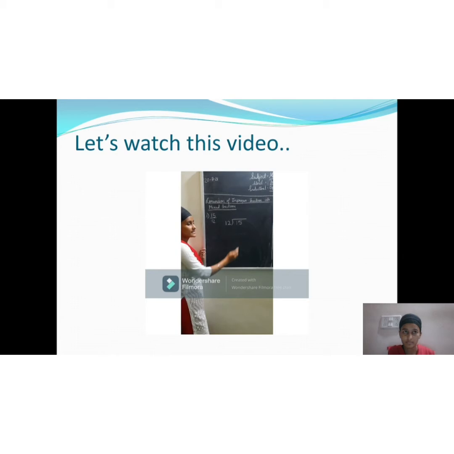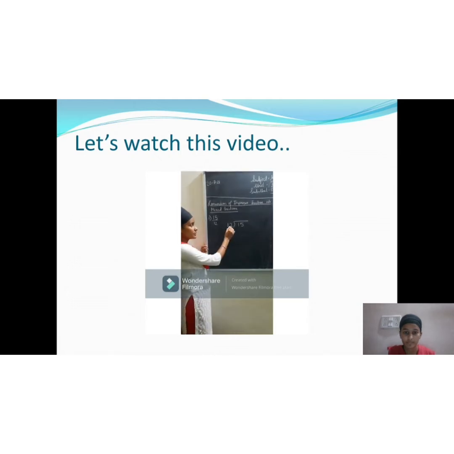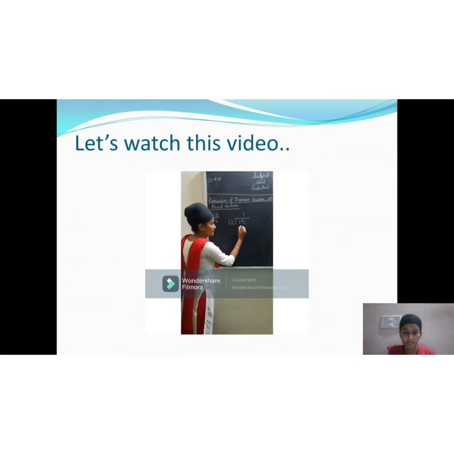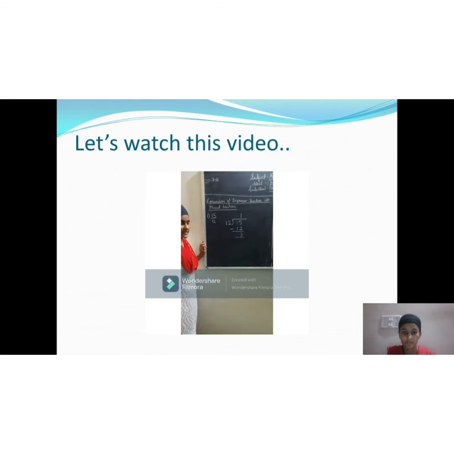12 ones are 12, right? You cannot take 12 twos, because 12 twos will become 24, which is greater than 15. So you cannot take that number, right? So 12 ones are 12. Okay. Now simply 15 minus 12 is how much, students? It's 3, right? So the remainder is 3. Now tell me, students, which is the quotient, remainder, dividend and divisor here?